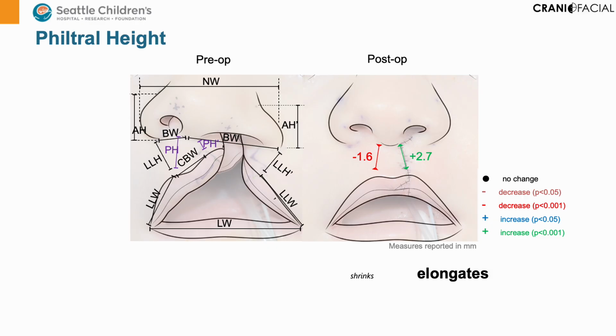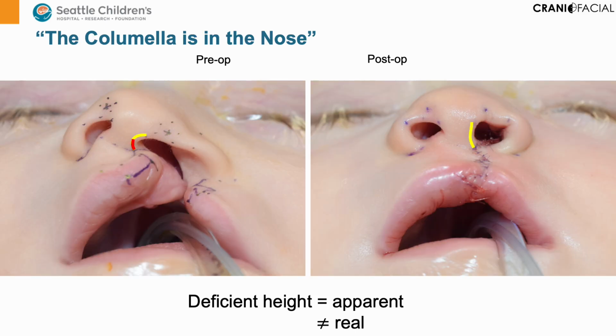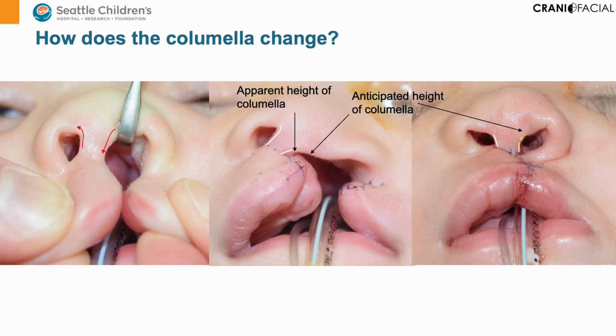As for the filtral heights, as it grows on the cleft side, it shrinks on the non-cleft side. So perhaps the deficiency in columellar height is more apparent than real. The true columellar height may be anticipated preoperatively by correcting the nasal base displacements and supporting the rim.